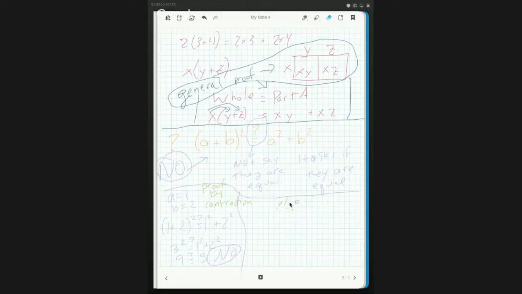So let's see then, what does a plus b squared really equal? We're going to go right back to our tried and true strategy that we just used above and say, well, let's use multiplication. Let's use geometric multiplication to find out.